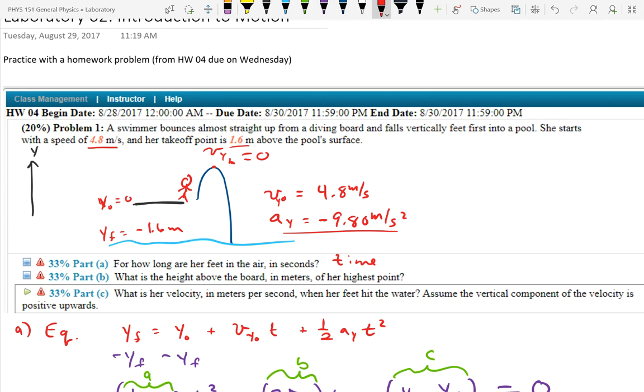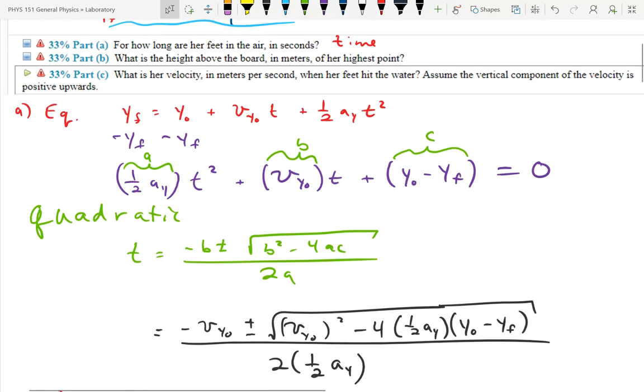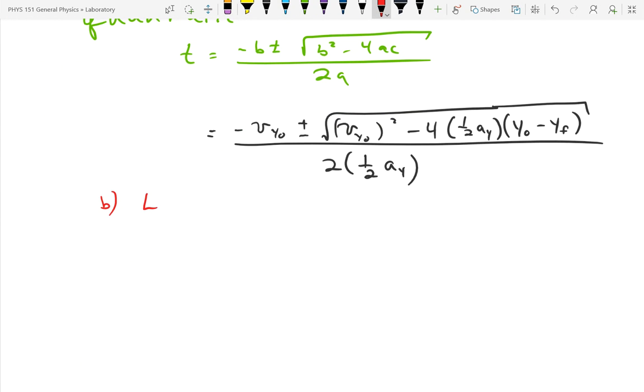So now for part B, trying to find the height, I'm looking for YB, and I know VYB equals 0.